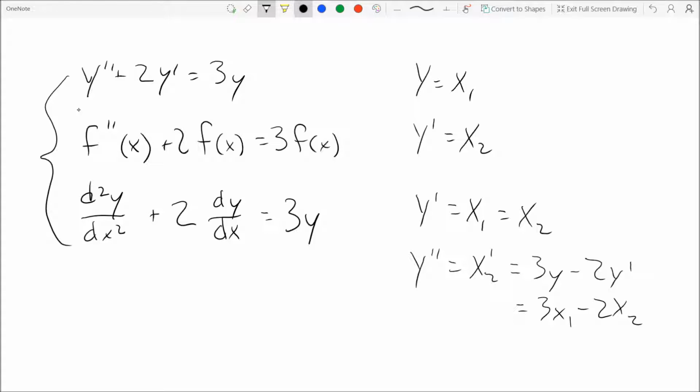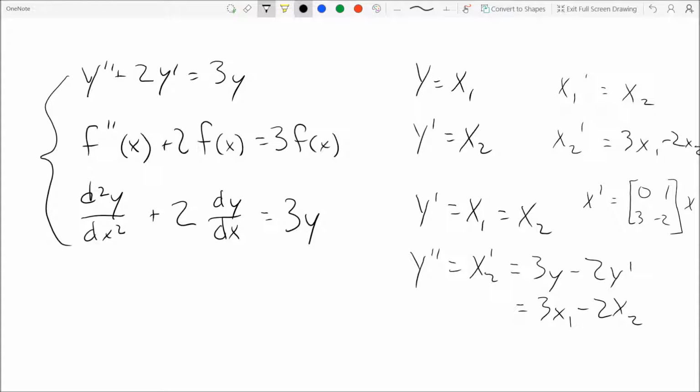And so that looks like, and we can just use some rules to solve this.